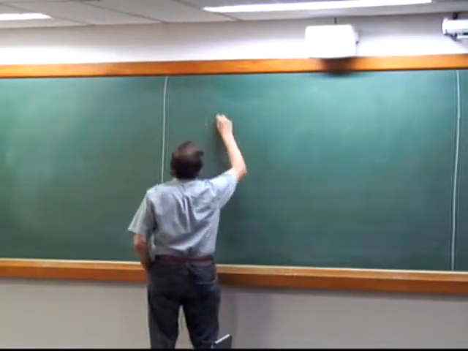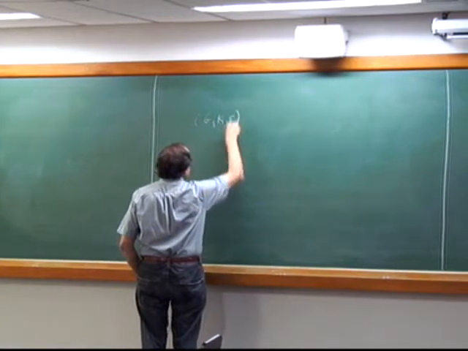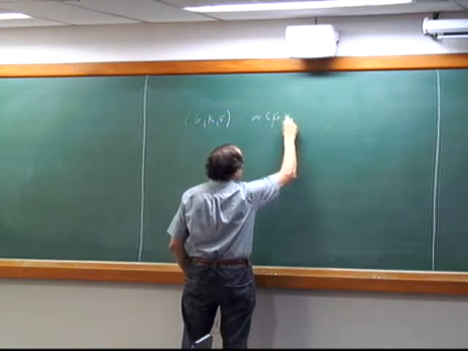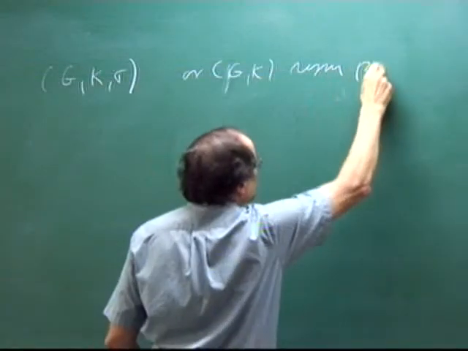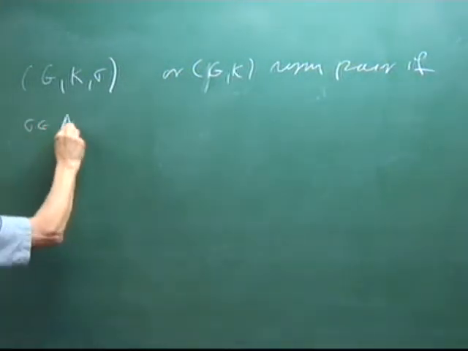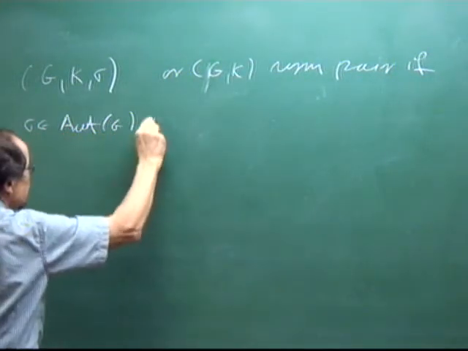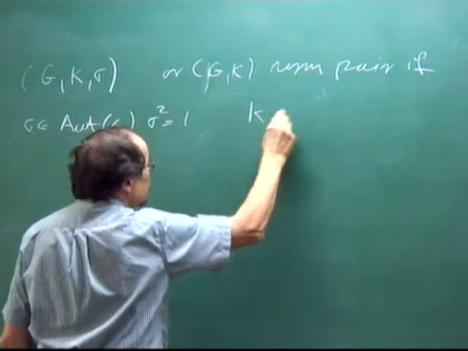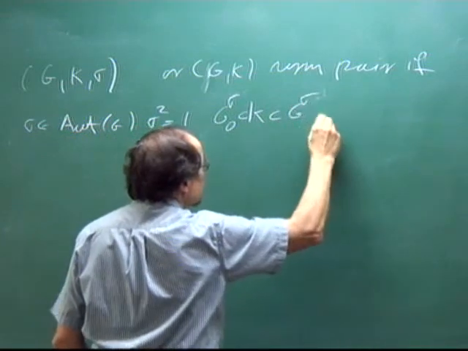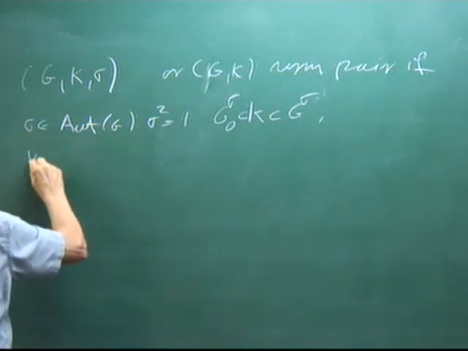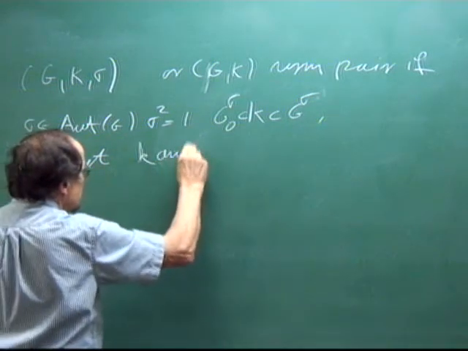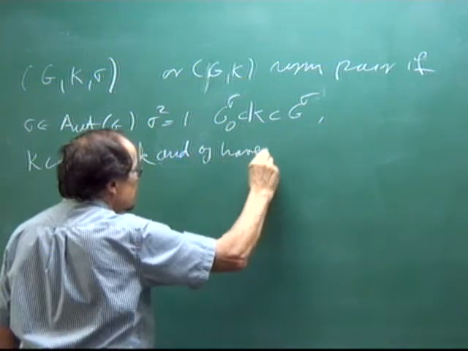So we talked about curvature of a symmetric pair. Let me remind you, I say (G, K, sigma), or sometimes I just say (G, K) if it's clear from context, is a symmetric pair if sigma is an involutive automorphism, and K is in between G sigma 0 and G sigma, and K is compact, and K and G have no ideal in common.